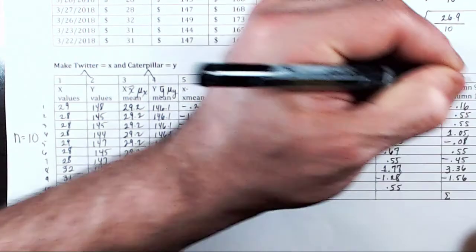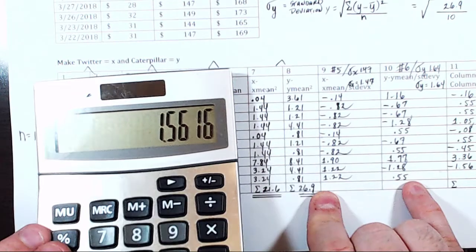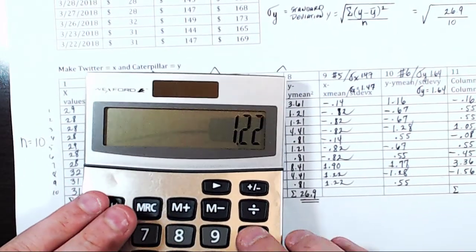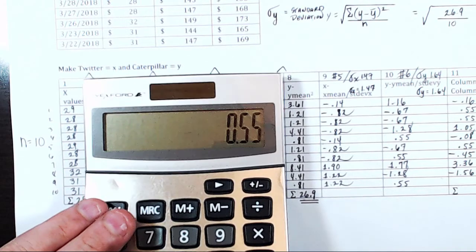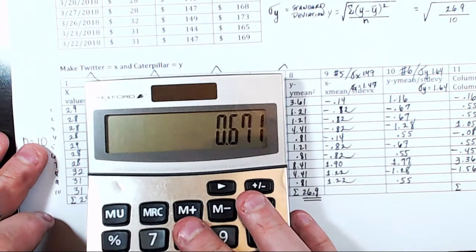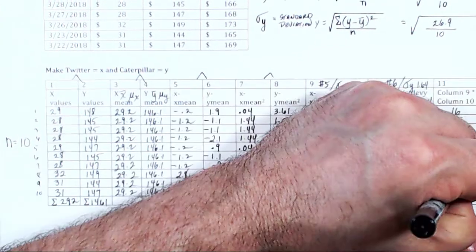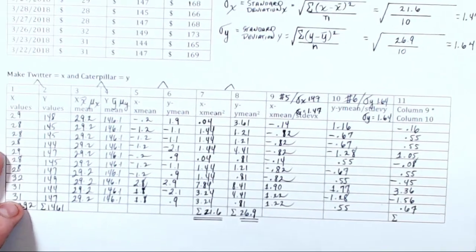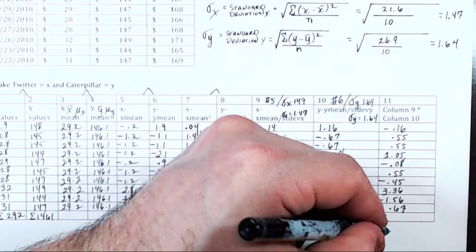And finally, 1.22 times 0.55, two positive numbers, that equals 0.671 or 0.67. Okay, fair enough.